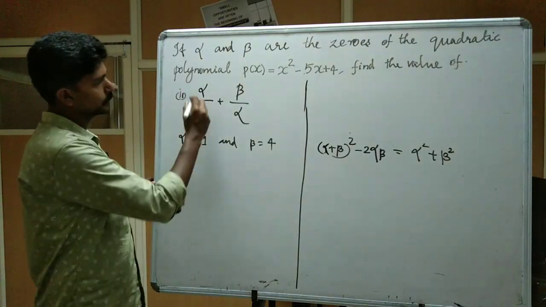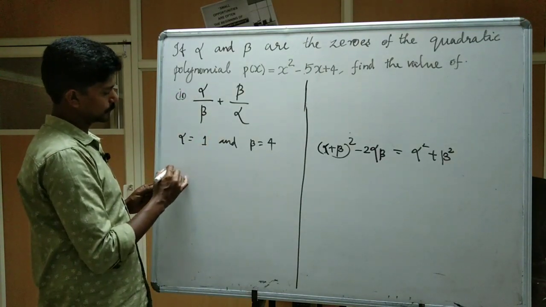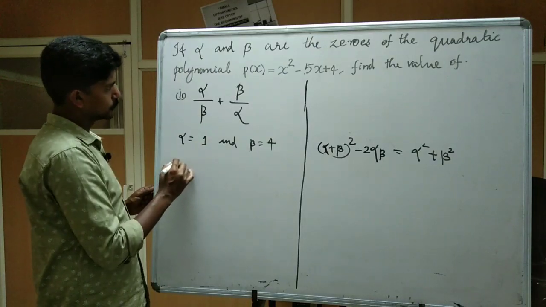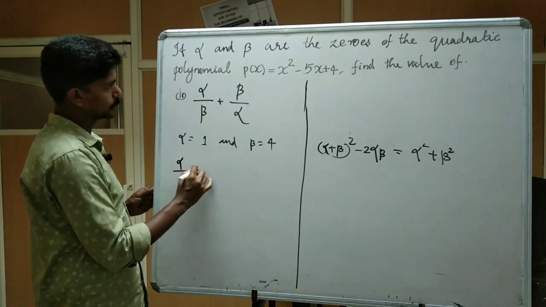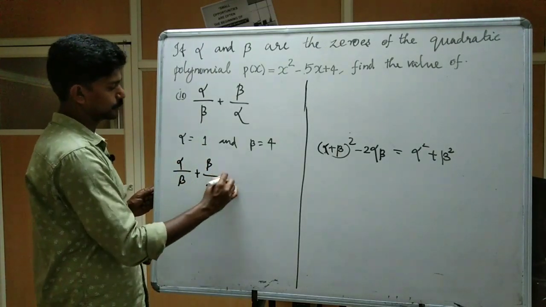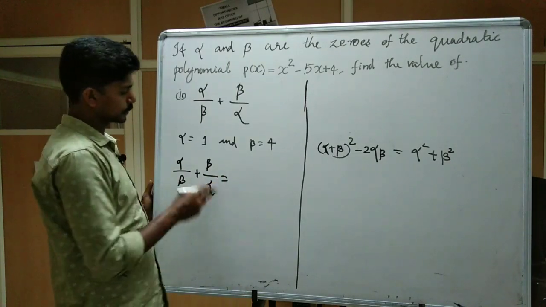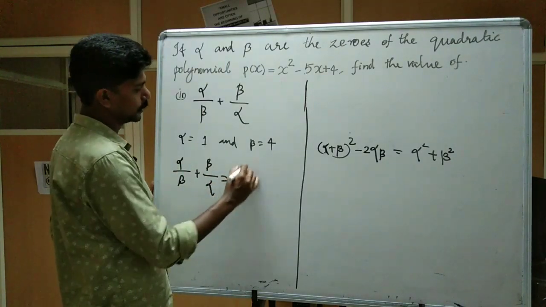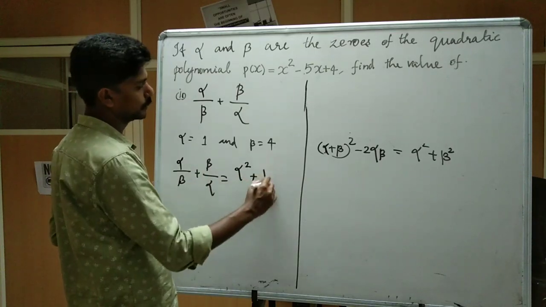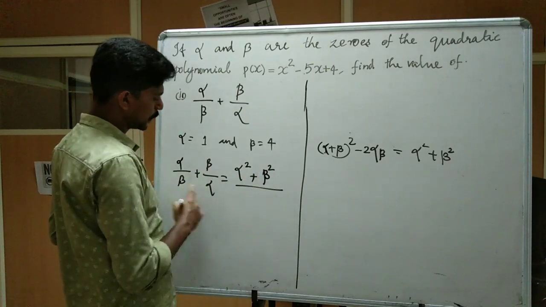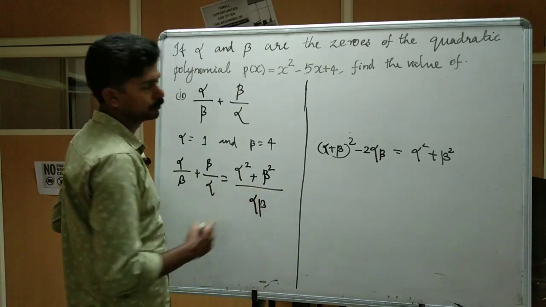So let us take alpha by beta plus beta by alpha, which is equal to, let us do cross multiplication: alpha into alpha, alpha square, plus beta into beta, beta square, divided by alpha into beta.